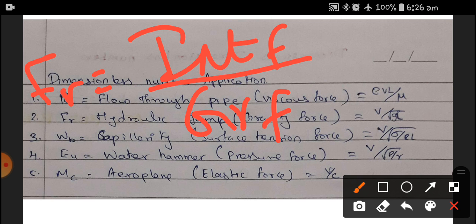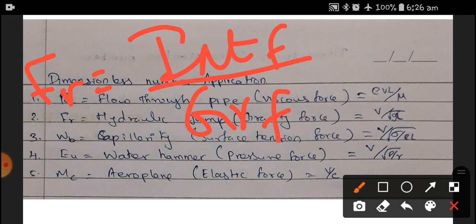In an open channel, water surfaces are waved and water is flowing. Therefore, the ratio of the water surface velocity to the wave velocity is the definition of the Froude number.